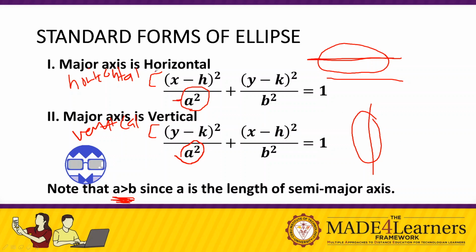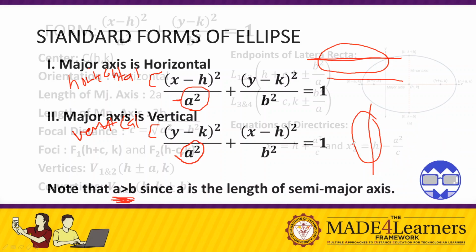So you just need to remember this: whenever a is at the bottom of the horizontal, the ellipse is horizontal, and whenever a is at the bottom of y and k, which is the vertical, the ellipse is vertical.